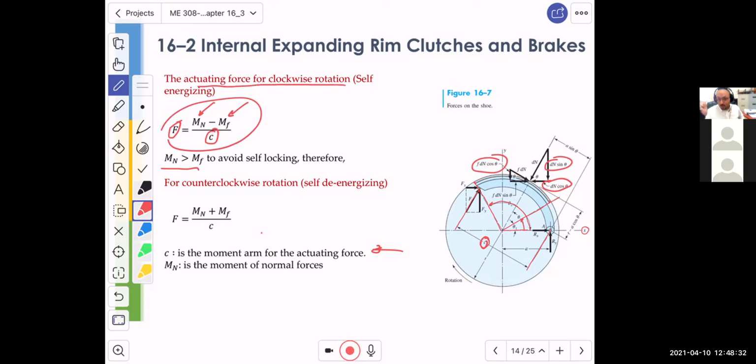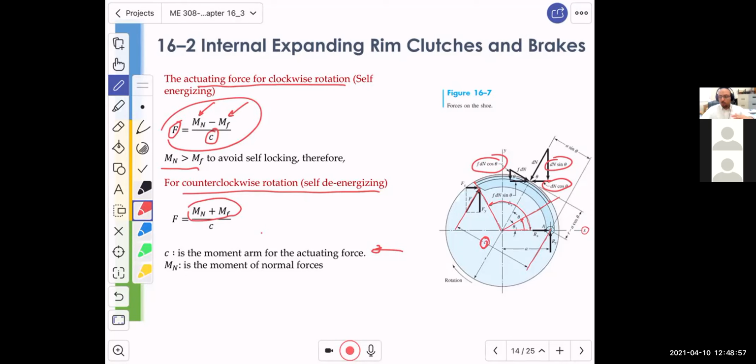If you flip the rotation to counterclockwise, you will end up with self-de-energizing, and these two terms will be added. In the next class, I'm going to show you how to calculate Mn, how to calculate Mf, how to calculate the torque, how to calculate the reaction forces, and everything.